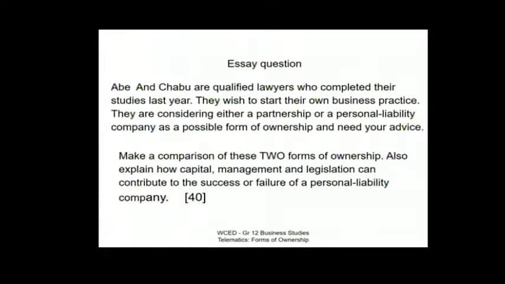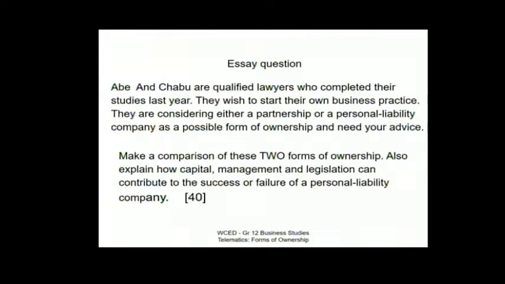So maybe you should just read it again. Abe and Chabu are qualified lawyers who completed their studies last year. They wish to start their own business practice. They are considering either a partnership or a personal liability company as a possible form of ownership and need your advice. Should I proceed to the next part, Mr. Momberg? Absolutely.